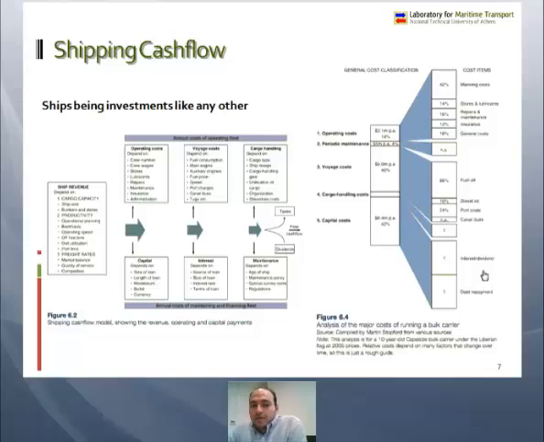That is our cost, and the ship revenue is our income. As you can see, the major parts of this investment are the capital cost, which in the case presented in figure 6.4, let me show this to you, is almost 42% of the total cost. Similarly, voyage costs are approximately 40%.